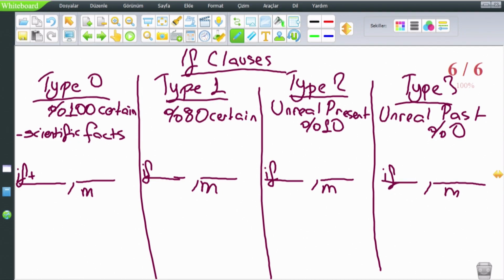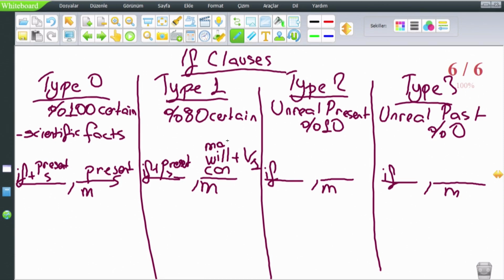In type 0, we use present simple with if, and in our main clause we have also present simple as our tense. In type 1, we have again present simple inside the if clause, but this time we have future simple in our main clause. Or you can have a modal one, for example, can or may. And in our type 2, inside of our if clause, we have past simple.